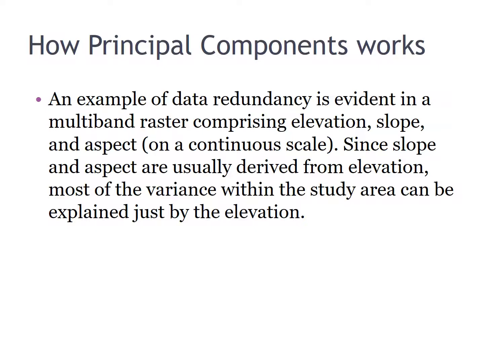Slope and aspect are usually derived from elevation, so most of the variance in the study can be explained by just the elevation data. The other two elements are collinear, highly correlated with, similar to, and made from the other.